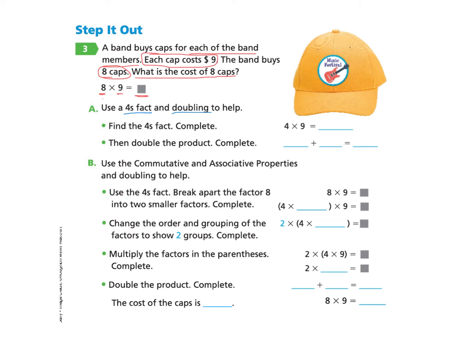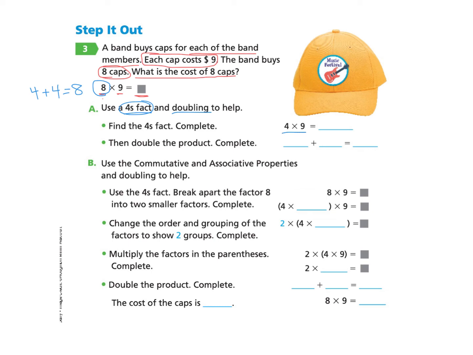And the reason we're using a fours fact is because 8 can be broken into 2 parts of 4. So 4 plus 4 makes 8, and then if we double each fours fact, then we will find the same answer as 8 times 9.